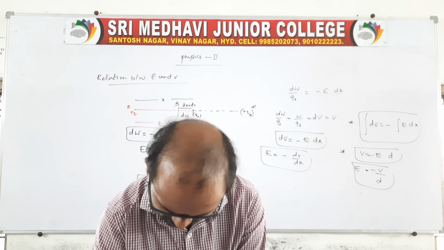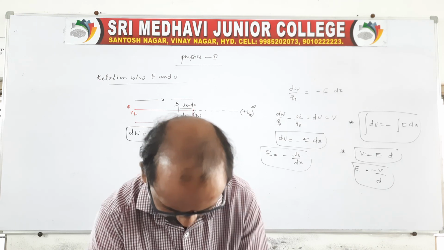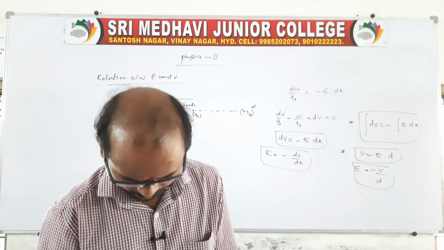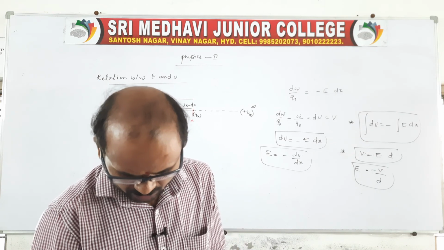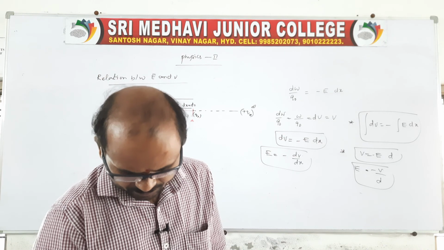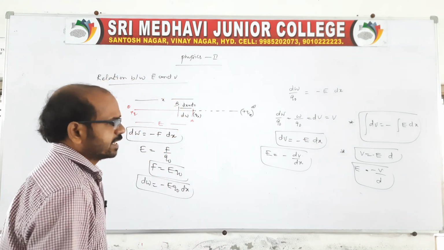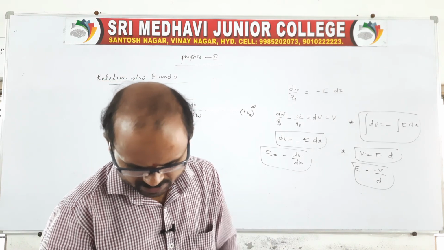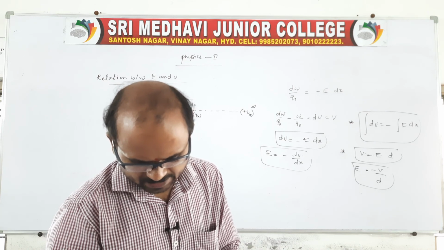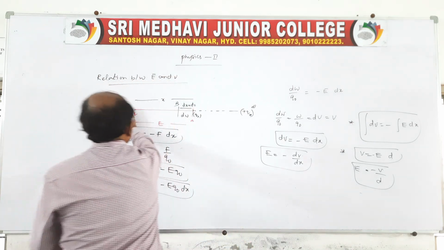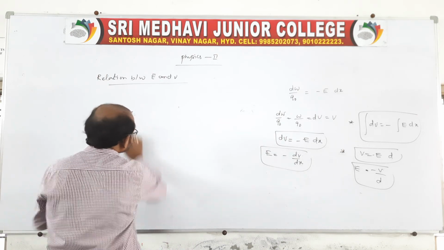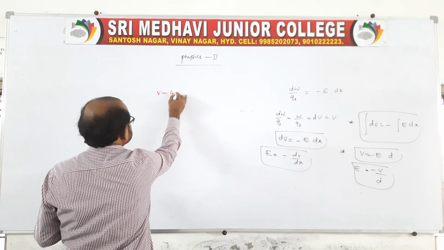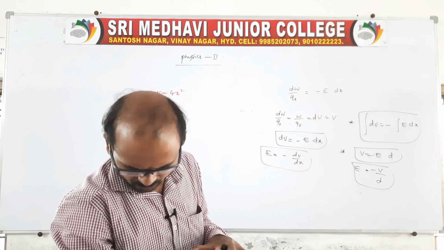See, I want to tell you one small example problem. We can take either the differentiation method or the integration method, anyone. Suppose in the question it is given: if the electrical potential V at any point x comma y comma z, all in meters, in space is given by V is equal to 4x square volt.